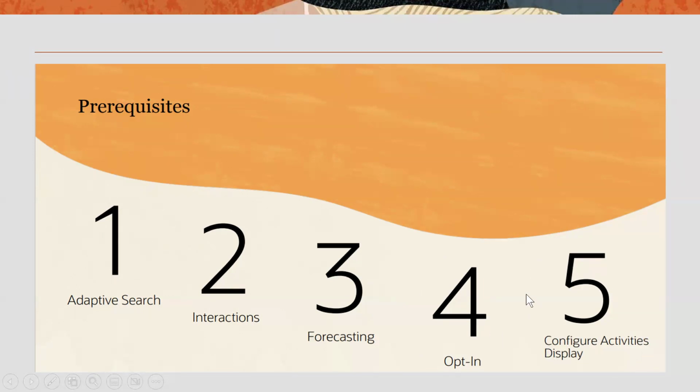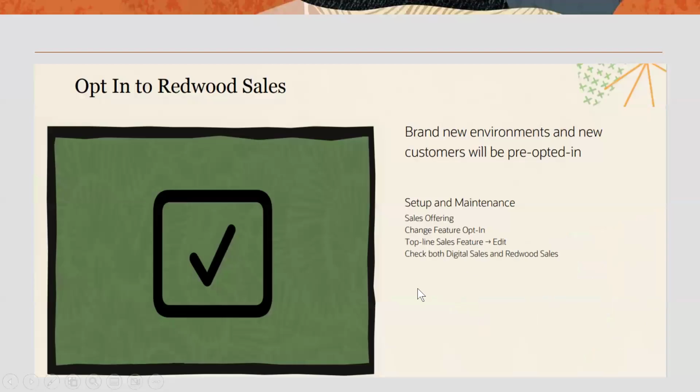We have it in most of the sales objects like opportunity, account, lead. So what needs to be shown in the activities panel, we need to configure in this step.